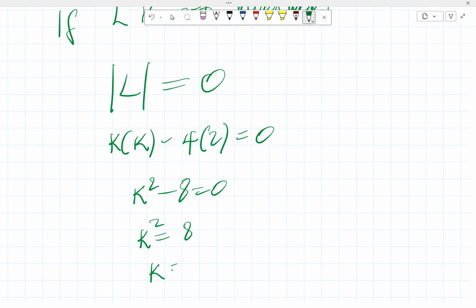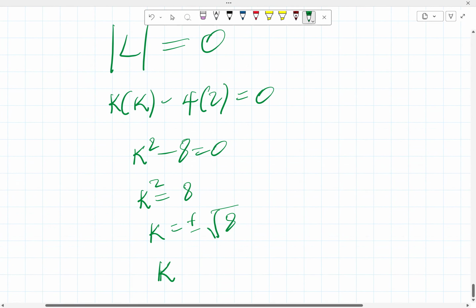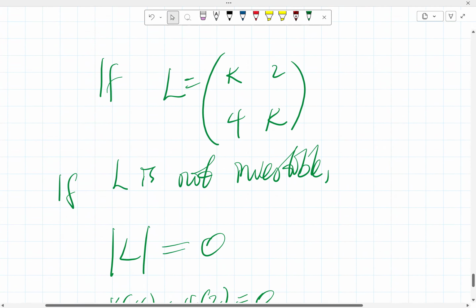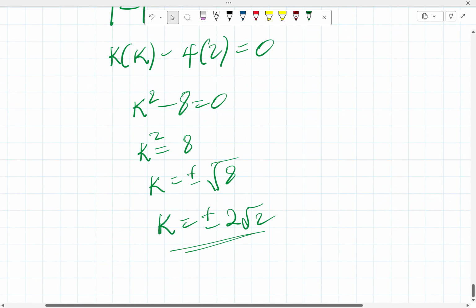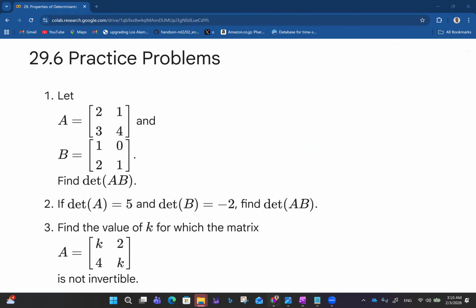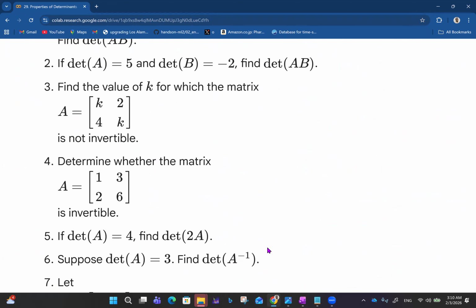That means K is plus or minus square root of 8. So K is equal to plus or minus 2 root 2. So if K is 2 root 2, then that matrix will not be invertible. Okay? I don't know if the sign is really of importance there, so we can check that.